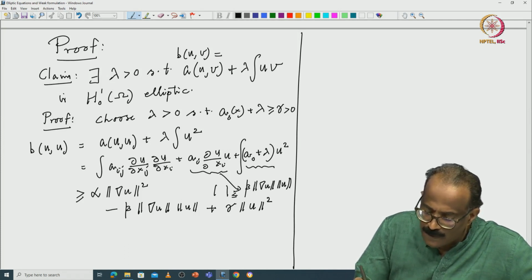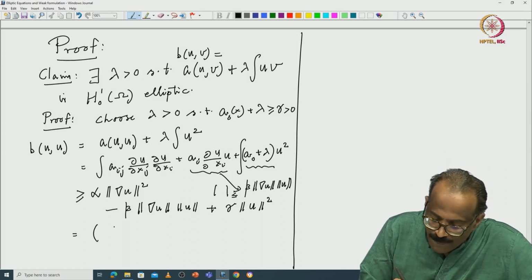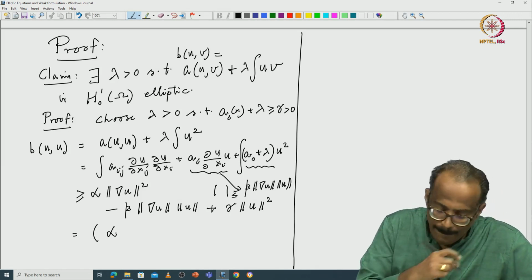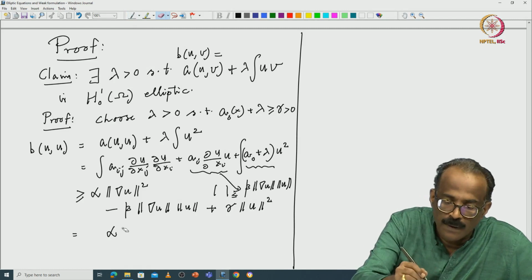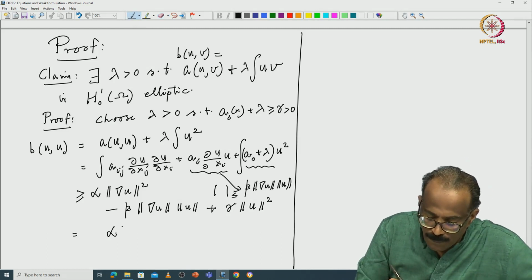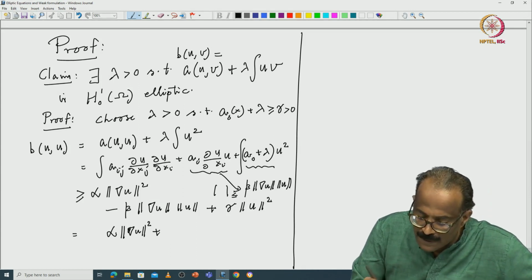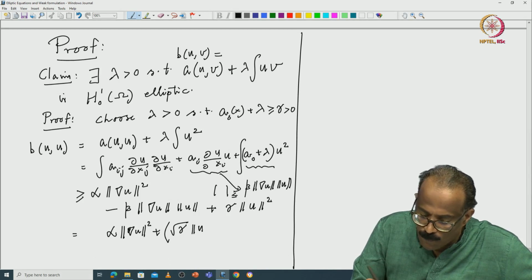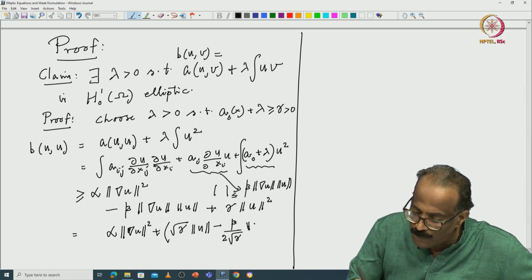So, you have this. Now, I want to square this, in the sense that you have alpha norm of grad u square, and plus I make a squaring thing: root gamma norm of u minus beta by 2 root gamma norm of grad u, square.